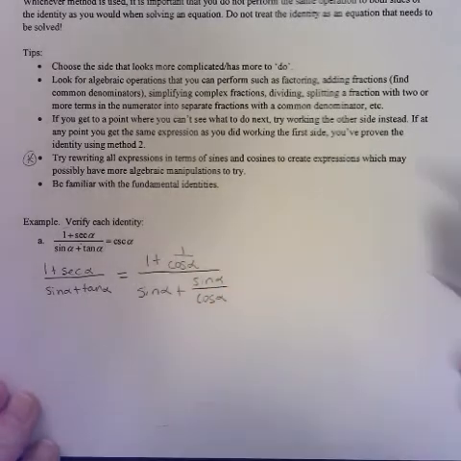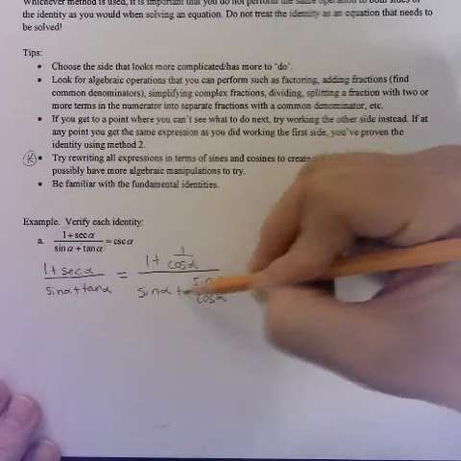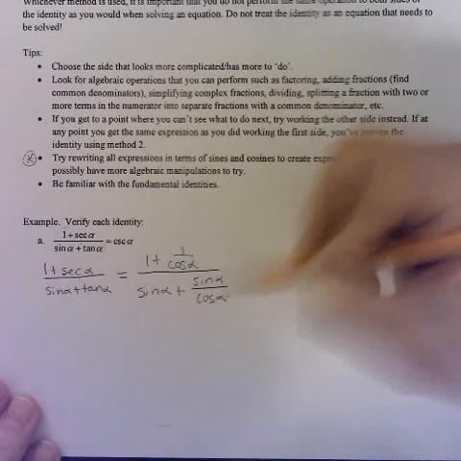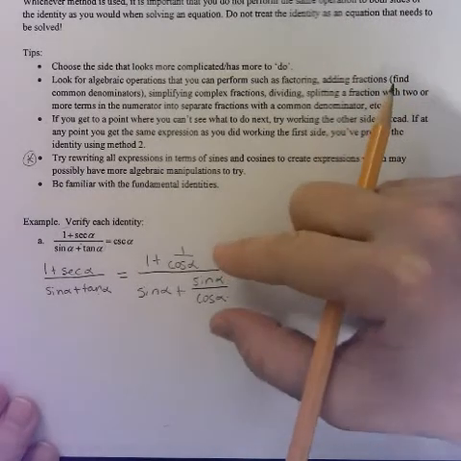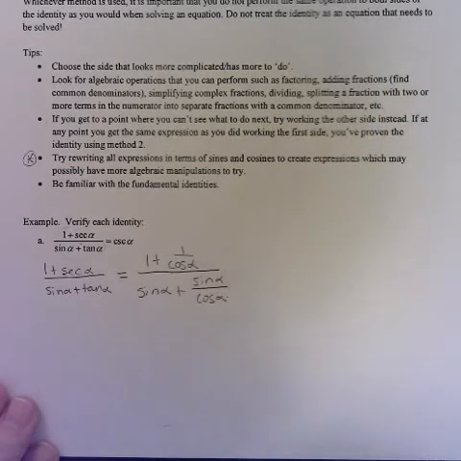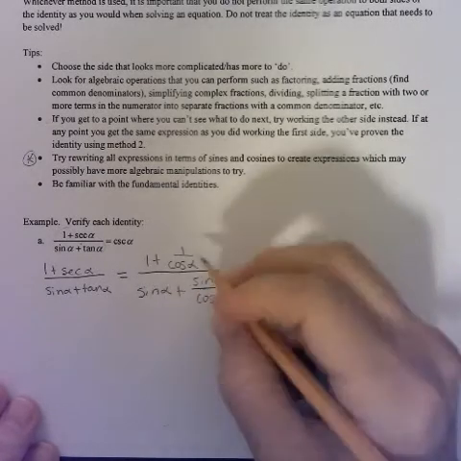So we get 1 plus 1 over cosine alpha over sine alpha plus sine alpha over cosine alpha. And once you create a complex fraction, one thing you can do is use algebra, or algebraic techniques, I should say, right?